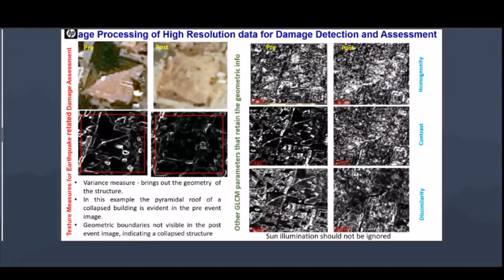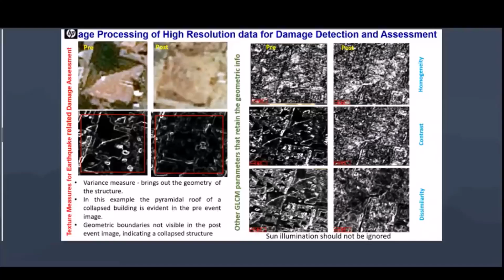Once the data is available, we can apply automated image processing methods and find out where exactly the major damage has happened. Once we have identified that, we can concentrate our rescue operations in that area. So such a methodology can be useful for heritage monuments, and can also be used for disaster mitigation and rapid damage assessment.